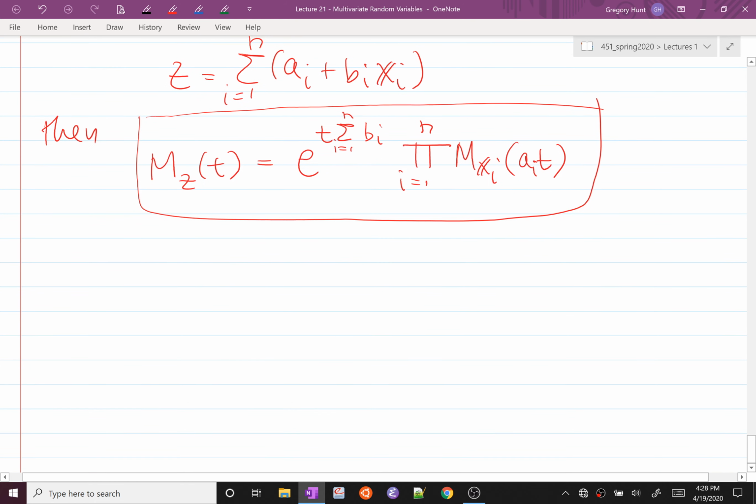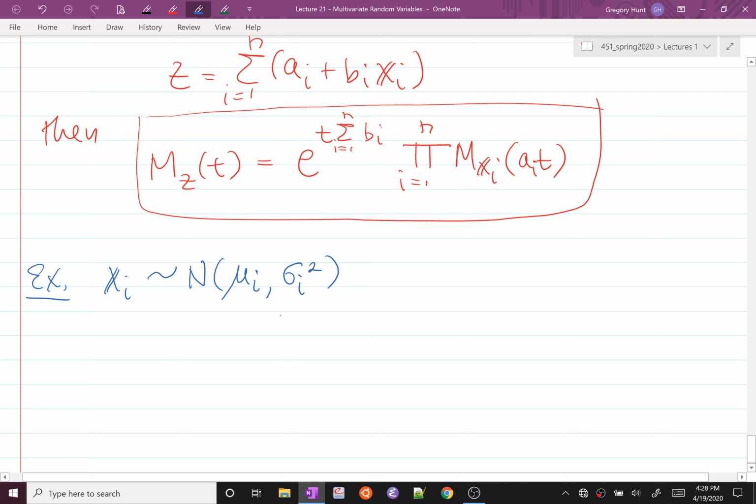So an example of where we could use this is that if we have some x sub i's, and each of these x sub i's has a normal distribution with a mean mu sub i and a variance sigma i squared.